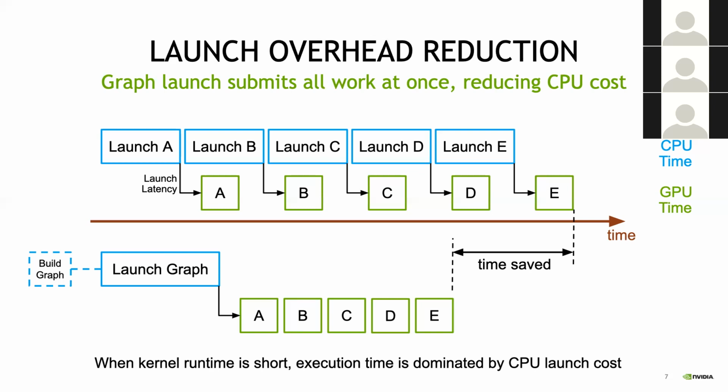And as mentioned before, when the kernel runtime is short, the total execution time is dominated by the CPU launch overhead. And launch overhead is generally a few microseconds. I personally wouldn't worry explicitly if the kernel times are exactly equal or exactly less than, just because it could be a number of microseconds, or it could be a dozen, depending on what you're launching.